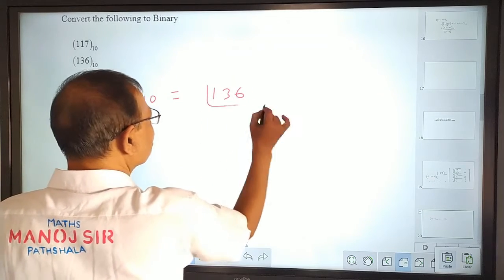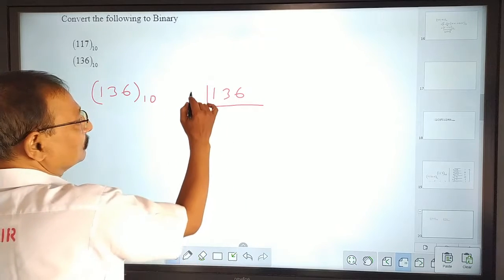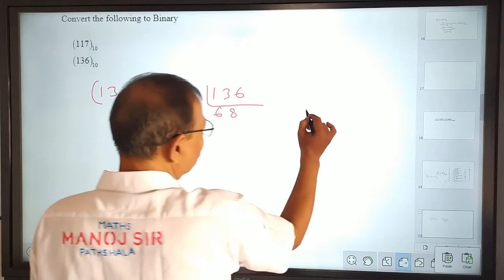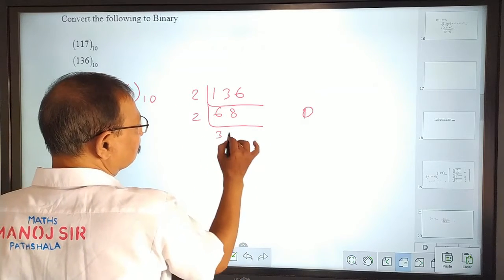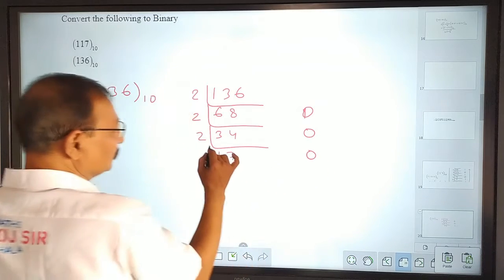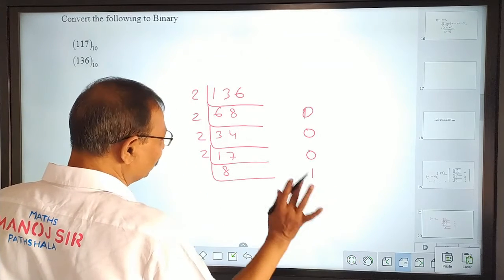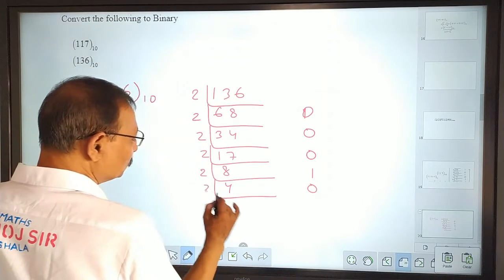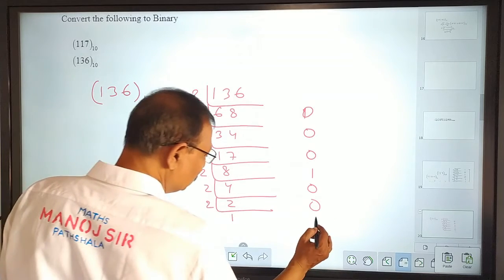So divide this 136, do not take the symbol as equal to. The process is like this: 2 into 68 is 136, there is no remainder, so 0. 2 into 34, no remainder. 2 into 17, no remainder. 2 into 8 is 16, and 1 as remainder. 2 into 4 is 8, so no remainder. 2 into 2, no remainder again. 2 into 1, no remainder.